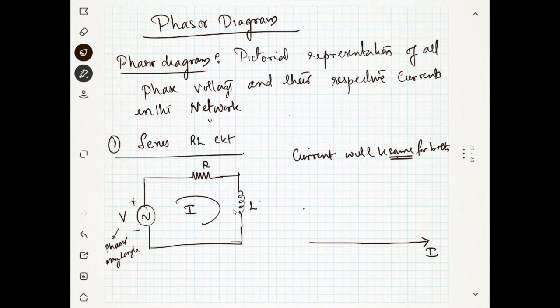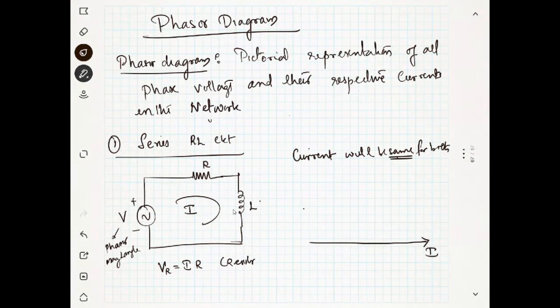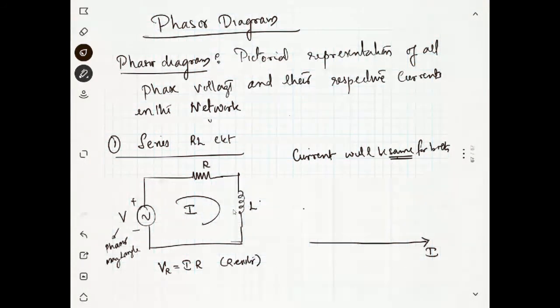So this is I. You know that what will be the voltage across the resistor? Voltage is equal to I into R, right? So the resistor voltage does not contain any complex number.